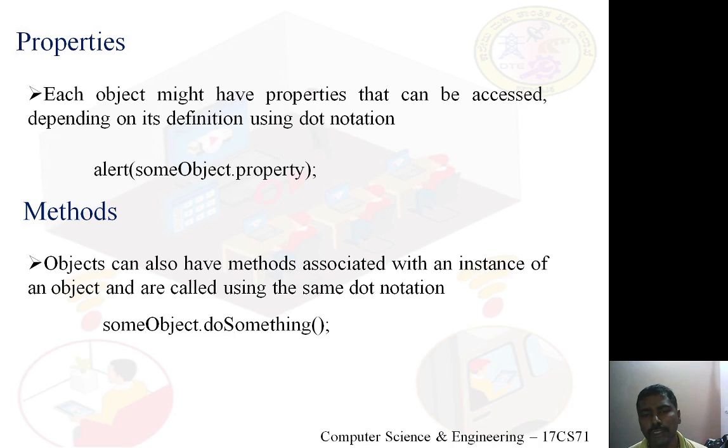I said a method is like an interface. It acts as an interface through which we can access the property of an object or through which we can modify the property of an object. And again the methods are accessed using dot notation.